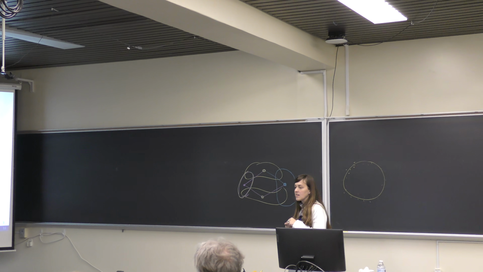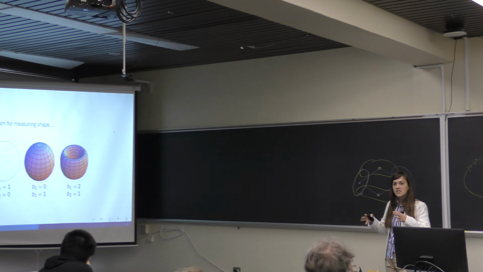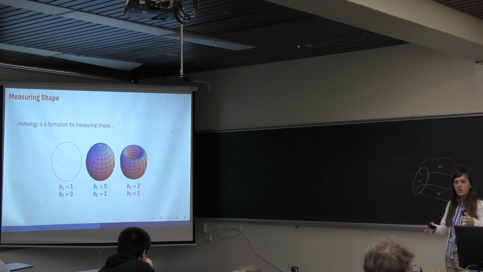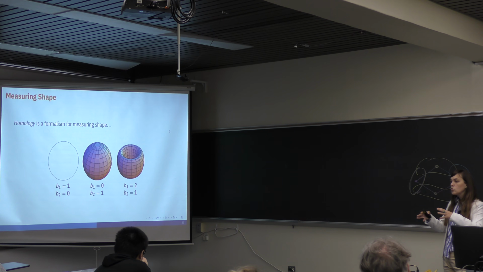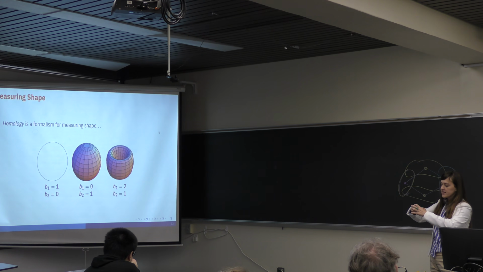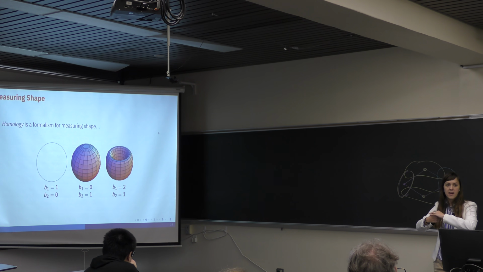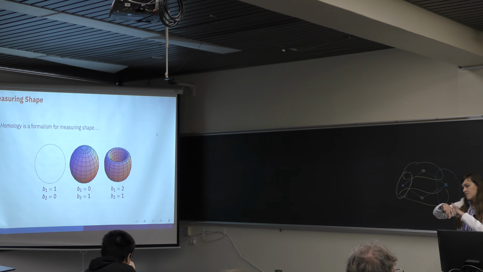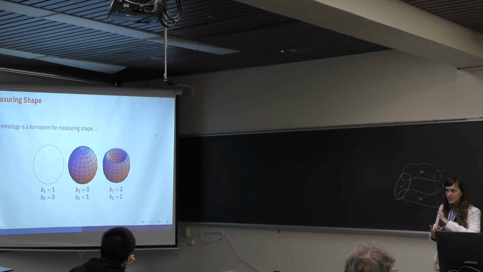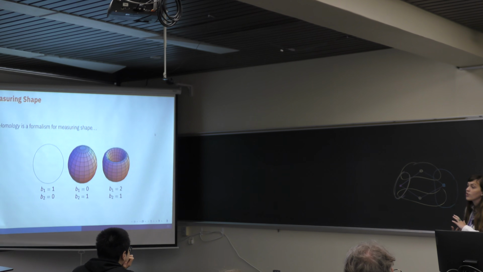If I take a basketball, I can again ask, how many pieces is this basketball made of? Well, just one piece. Are there any loops? If I look at a loop on the surface, I can always contract it down to a point. The basketball does enclose a void, so it's qualitatively different than, say, a circle.